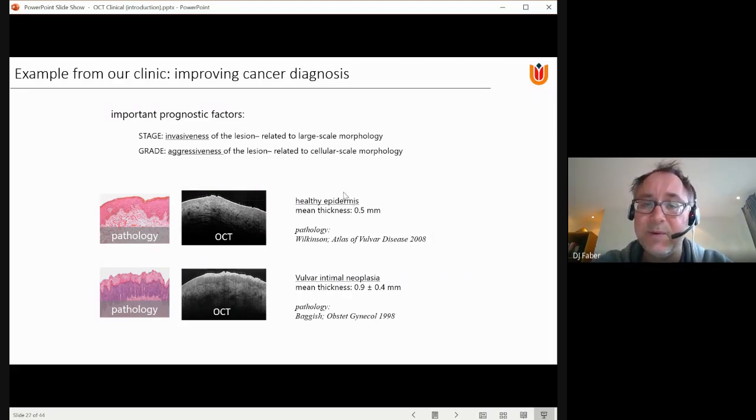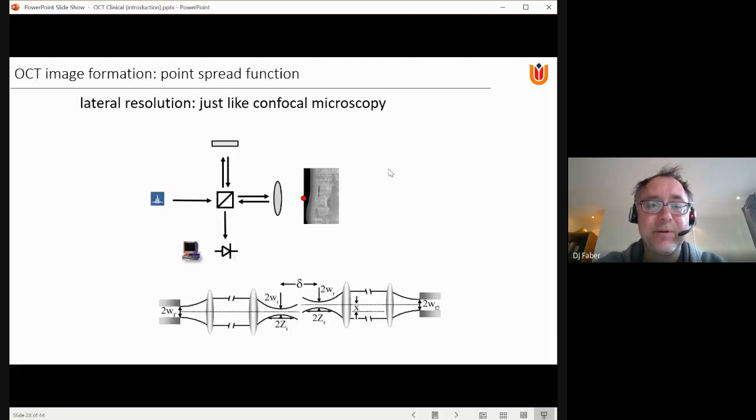And that one relates to the changes in morphology that I tried to show in the previous slide. So with imaging, I think we should be able to measure stage. For grading, we would need to actually extract optical properties from these OCT slides.